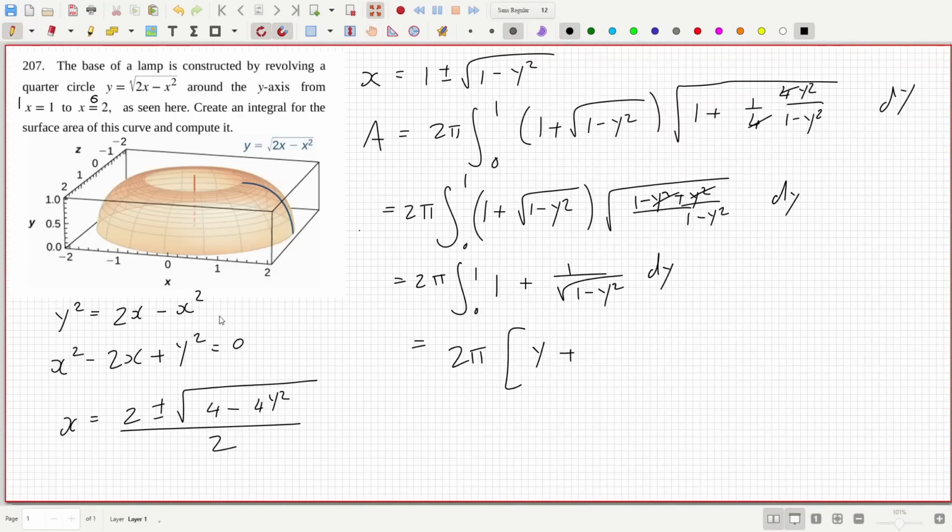Yeah, no, it's sine inverse. So if I put in 1, that's 1 plus pi over 2. Oh, yeah, I think I see where I went wrong now. And then if I put in 0, that's 0.